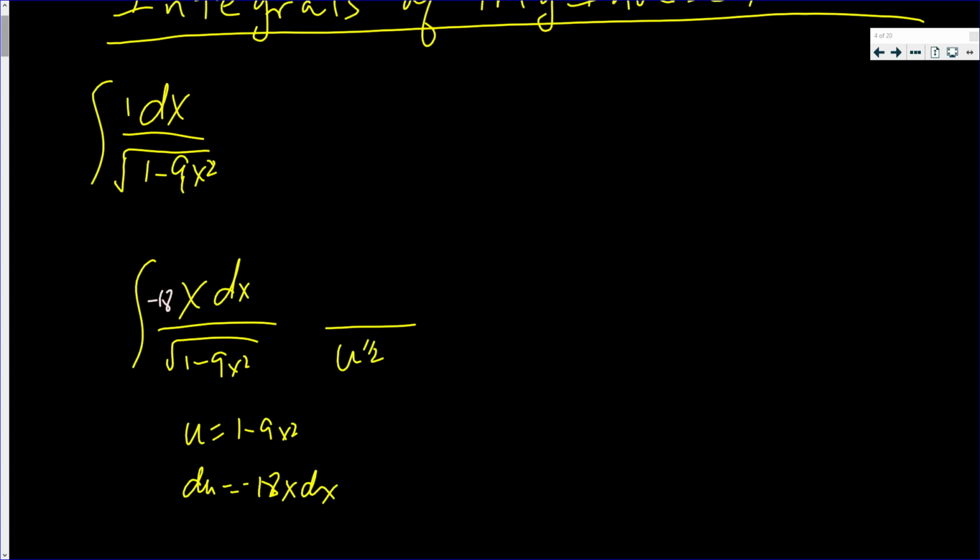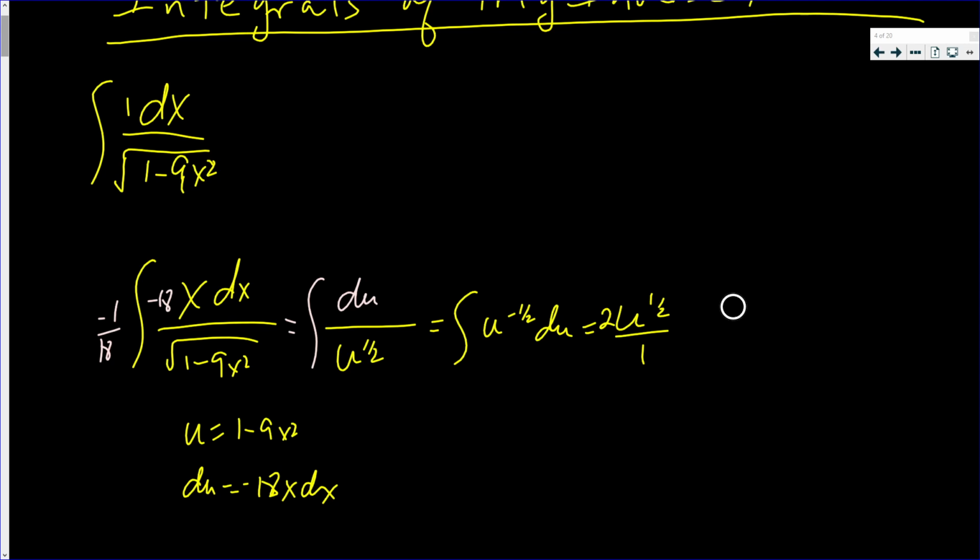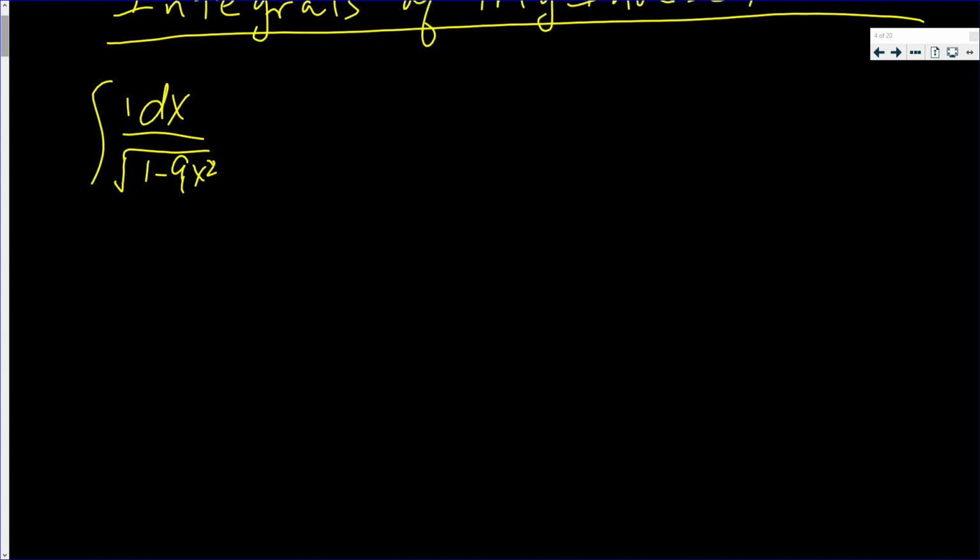I would just put in a negative 18 and bring out the reciprocal, and then I have a nice simple u to the n integral, u to the negative 1/2 du. This is simple. Add 1 to the power and then divide by that new power. And then substitute back. But we didn't have that x on top.